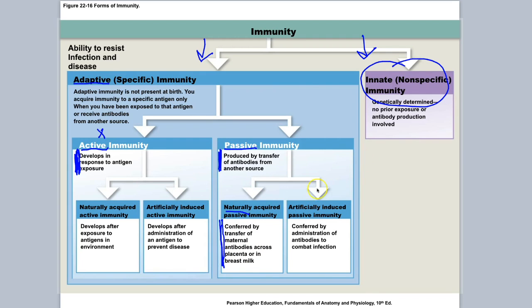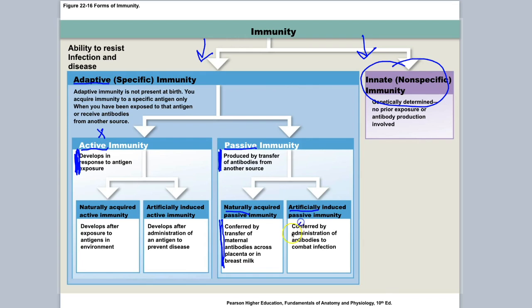Another type of passive immunity over here is artificial. Okay, so this would be artificially induced or artificial passive immunity. We see an example of this when we medically administer antibodies to a person who has acquired some pathogen that could be really, really deadly, and we want to give them some very early protection against that pathogen.